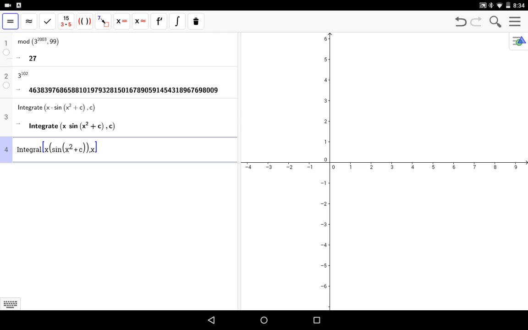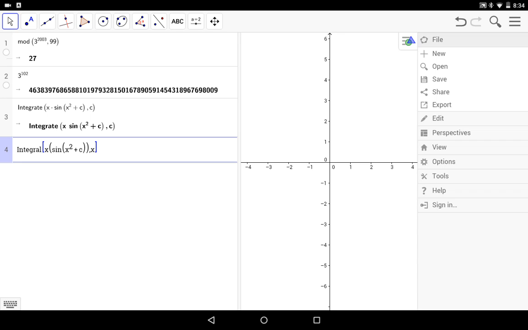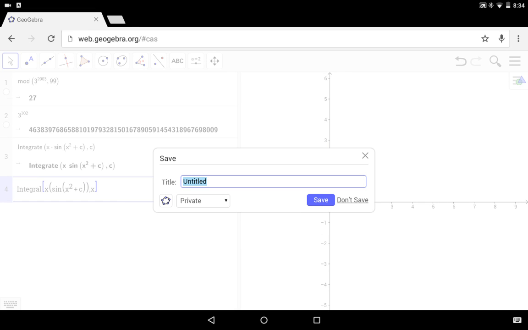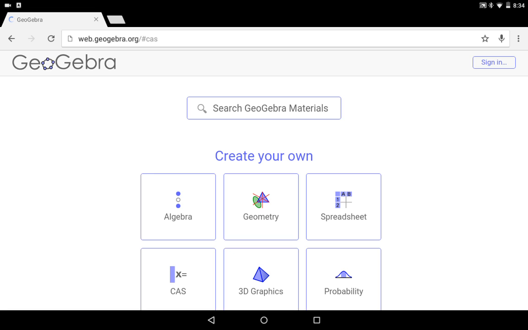Kind of the more fun part is if you would go to new, don't save it.